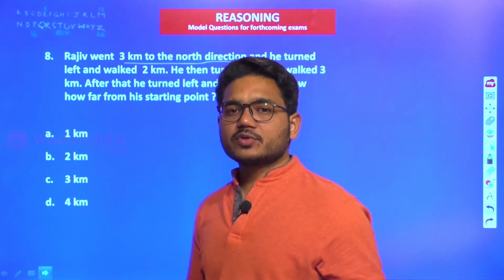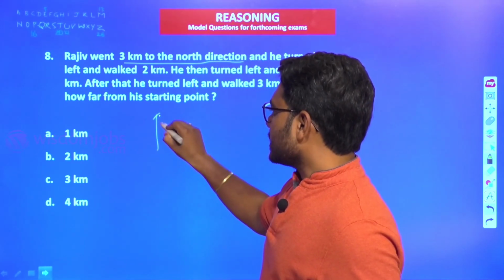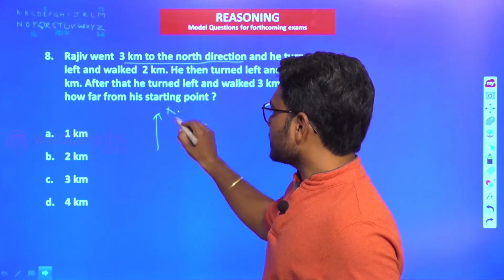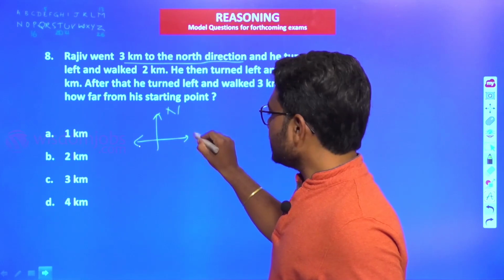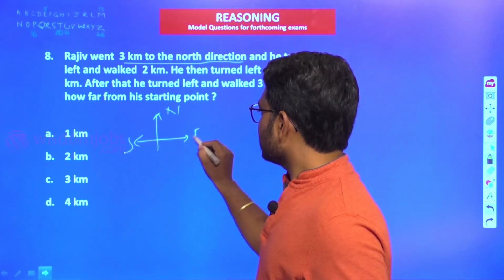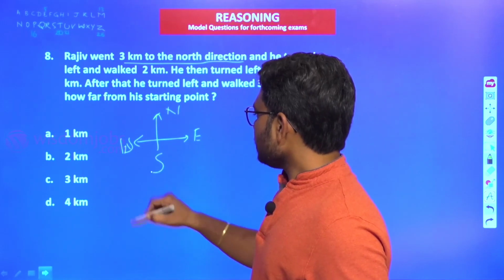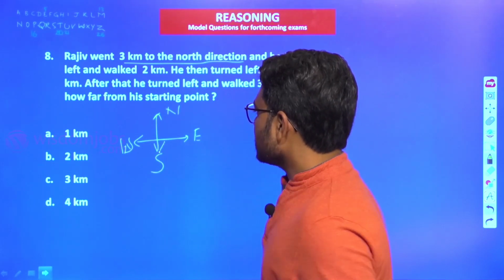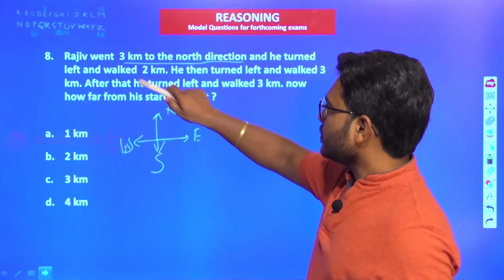First of all, we need to identify the directions here. So let us put the directions aside randomly like this, and keep it simple initially. Based on this direction, we will start this problem.